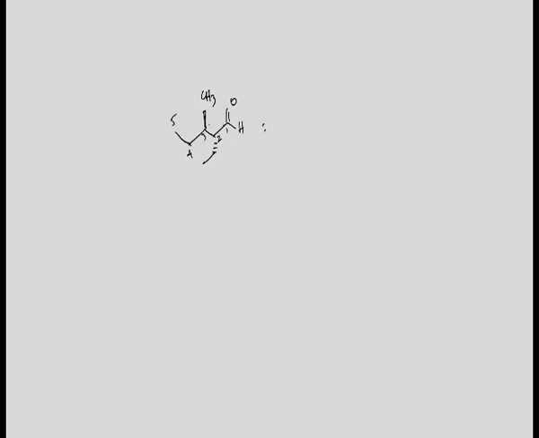So this is R, this is also R. So 2 R, 3 R. First we have to give the chirality 2 R, 3 R, 2 ethyl, 3 methyl, pentanal. So this is the IUPAC.